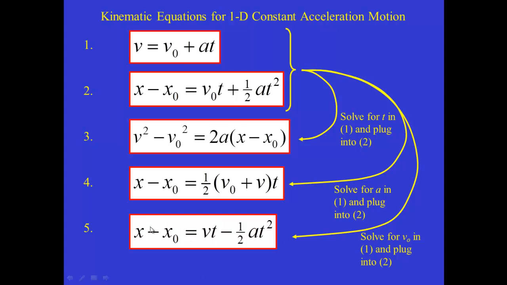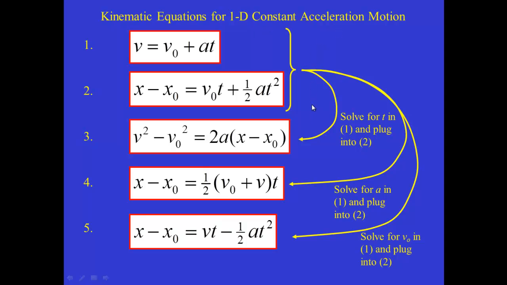This fifth equation is not often used by itself, but it does exhaust all of the possibilities of combining equations 1 and 2. So this is a pretty comprehensive list of the toolbox that you have at your disposal in trying to understand motion problems in one dimension when the object is undergoing constant acceleration motion.